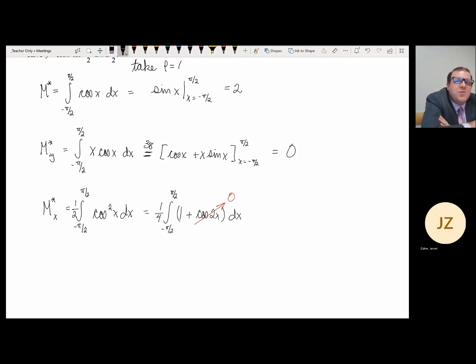What is the period of cosine of 2x? It's pi. The interval on which we're integrating over, isn't it one full period?